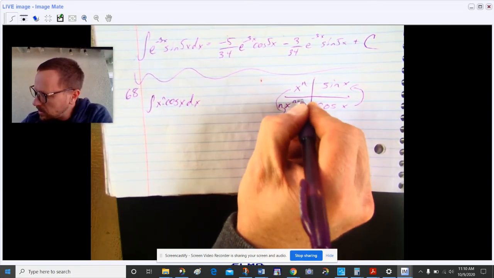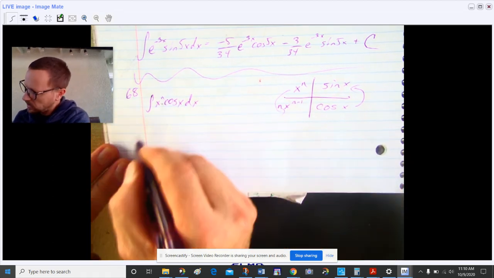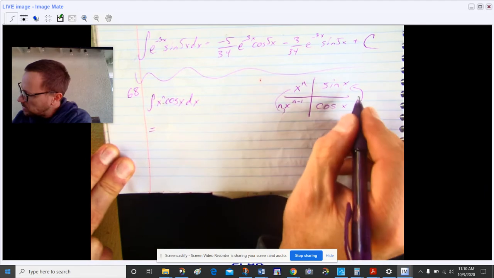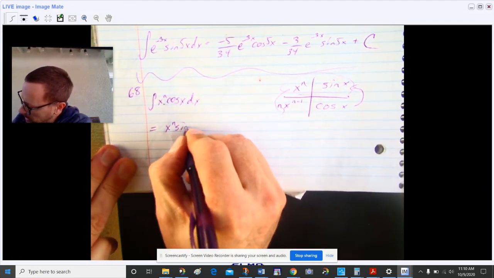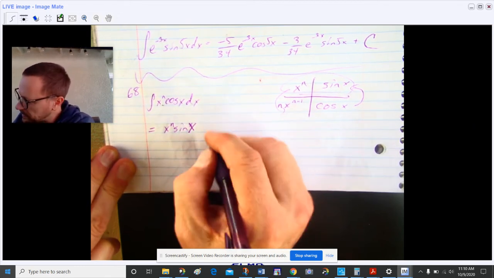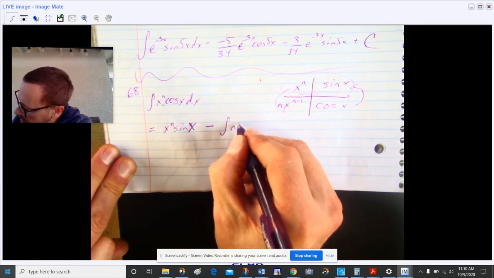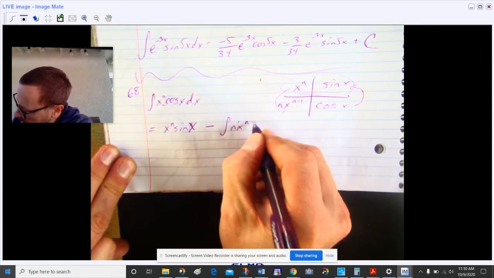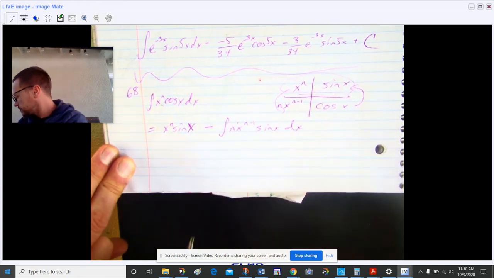n x to the n minus 1. Okay, so then when we go through, this would equal x to the n sine of x. Oh, not sine to the power of x, come on now. Minus the integral of n x to the n minus 1 sine of x dx.